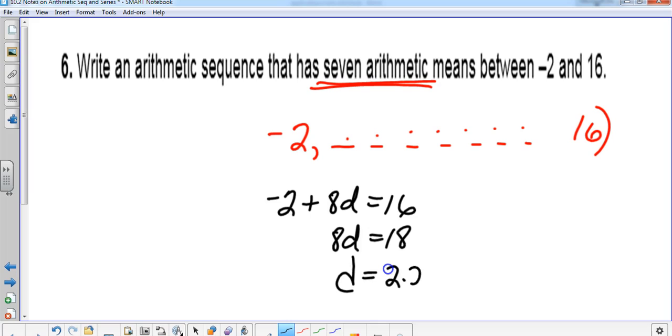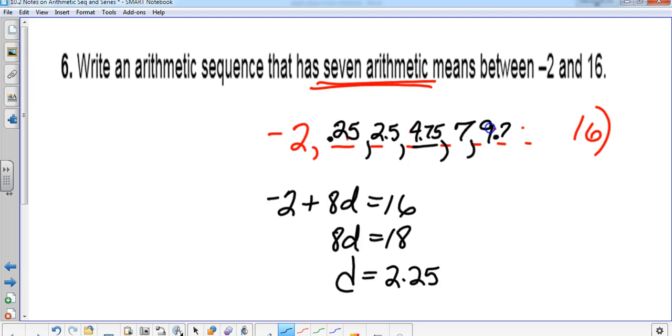2.25 maybe? We can do decimal, I don't care. So -2 plus 2.25 would be 0.25. Plus 2.25 would be 2.5. How am I doing so far? Plus 2.25 would be 4.75. Okay, plus 2.25 would be 7.